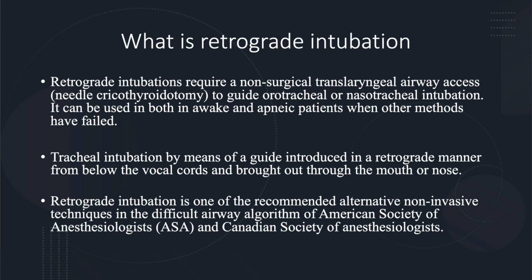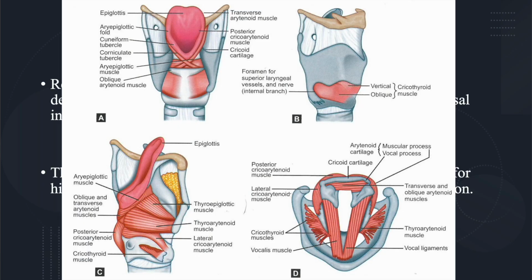I did want to just return to the previous image because repeatedly we've seen the phrase translaryngeal guided intubation, and that may sound like a new, unfamiliar term, but it really is something that we're already familiar with if you're familiar with oral tracheal intubations, especially if you prefer the use of a bougie.